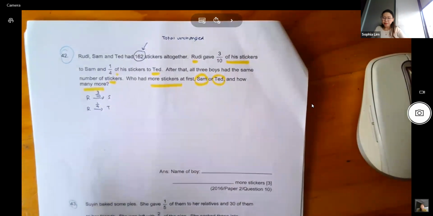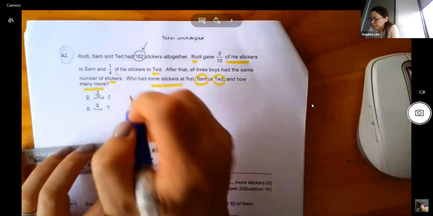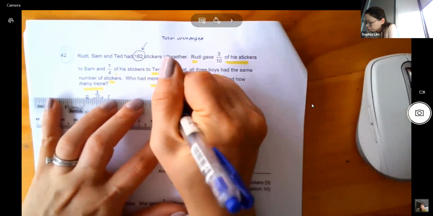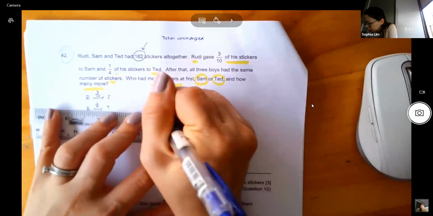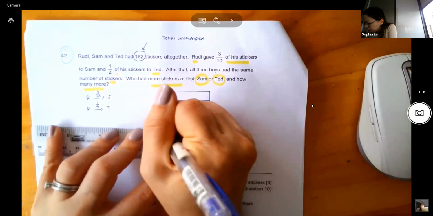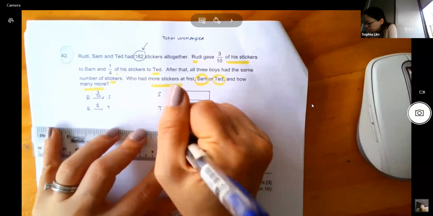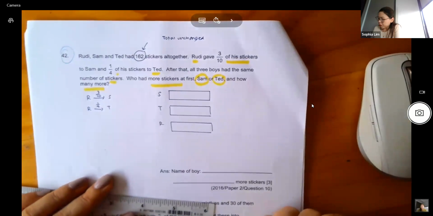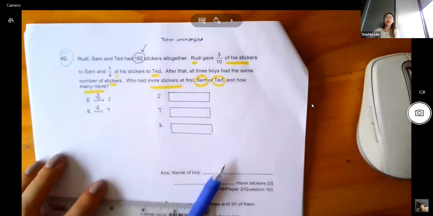And eventually, all of them have the same number of stickers. So I will just draw Sam, Ted, and Rudy in the end. Okay, in the end, they have the same.